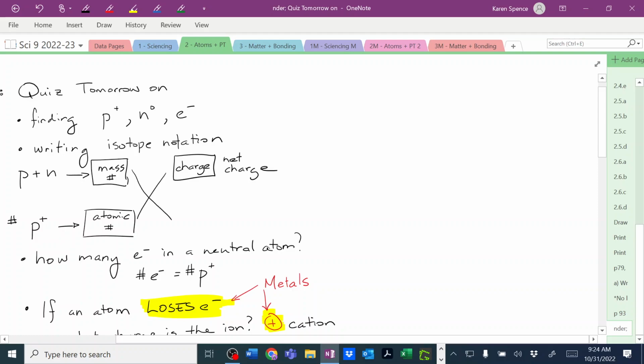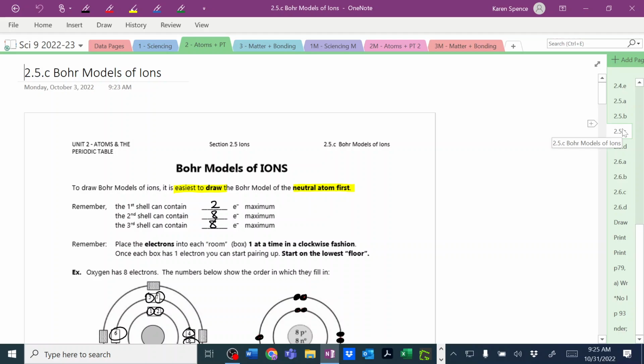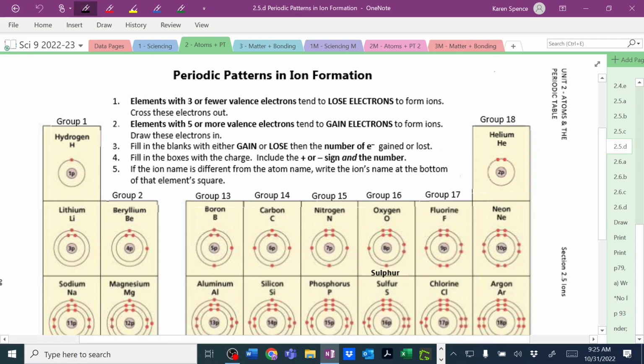Before we do that, I would like to just go over with you one little pattern thing. Page 96.